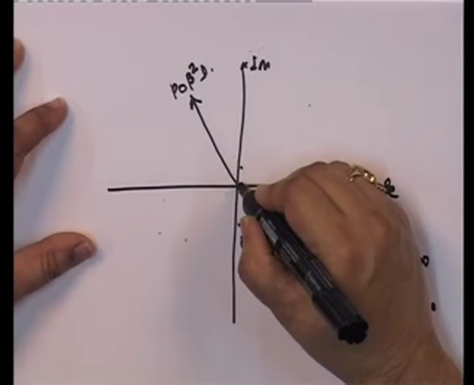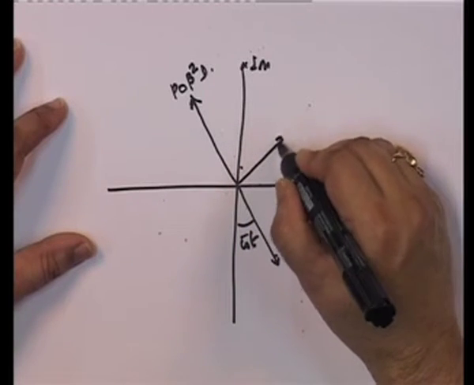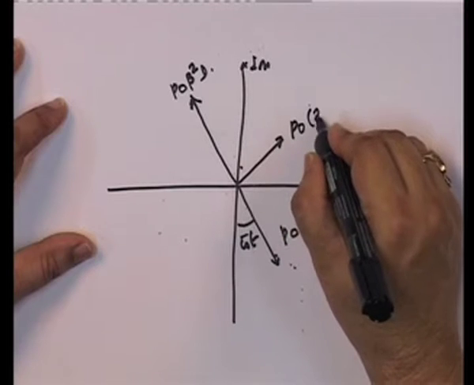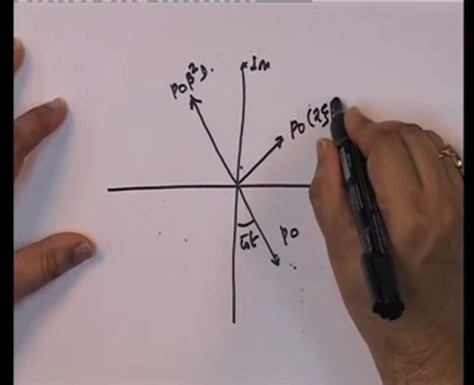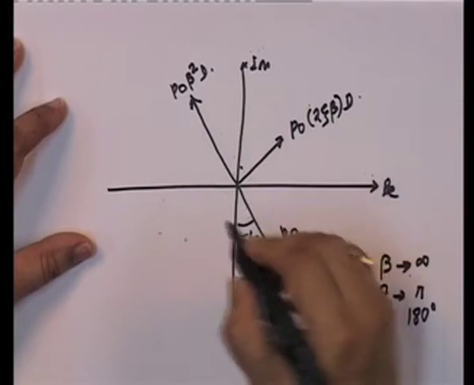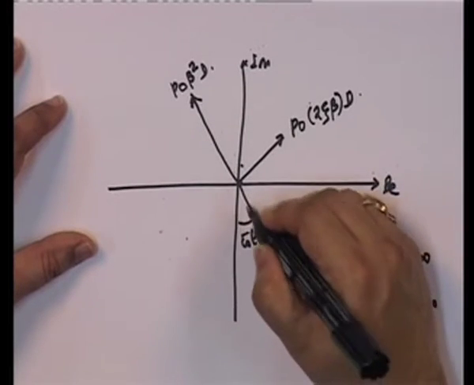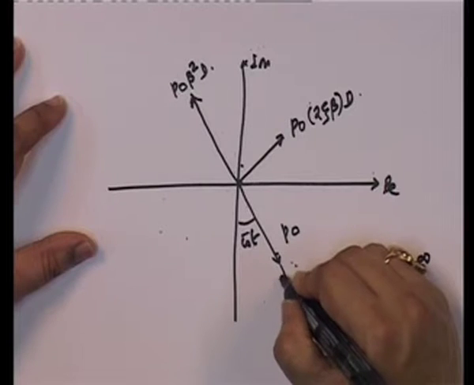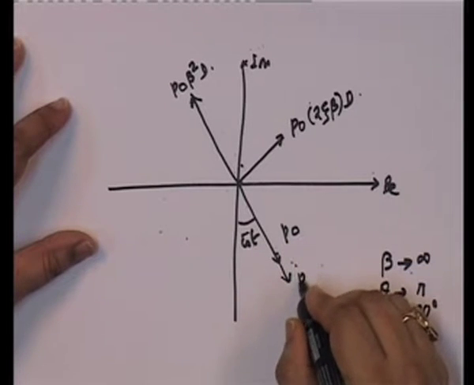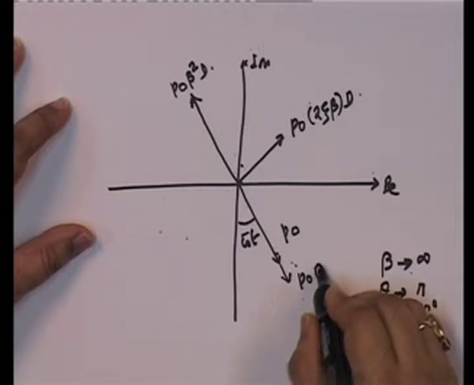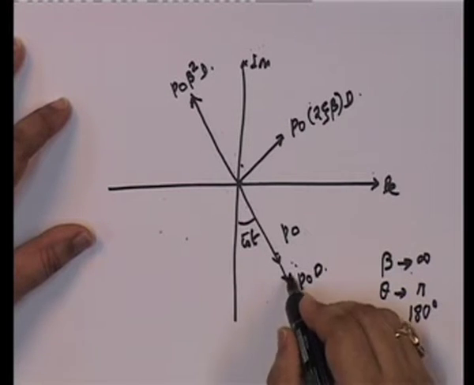Then this direction becomes P naught into 2 xi beta d, and note that this direction becomes P naught D, right.